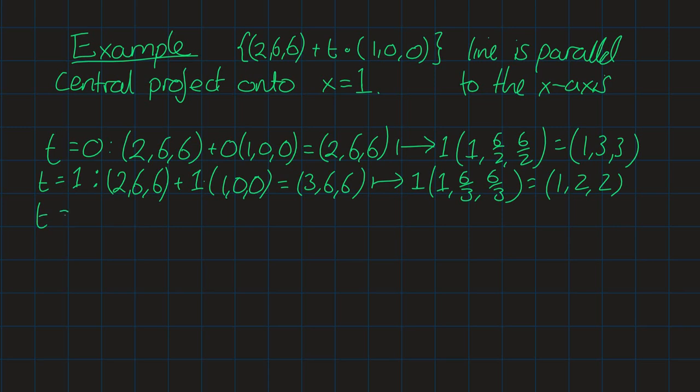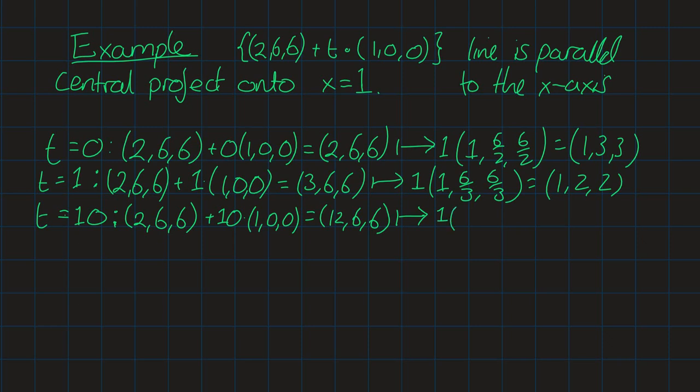How about if I do t equals 2? Actually, 2 is too small a number. Let's do 10. Let's see what happens when I do t equals 10. So that's (2,6,6) plus 10 times (1,0,0), which is (12,6,6).